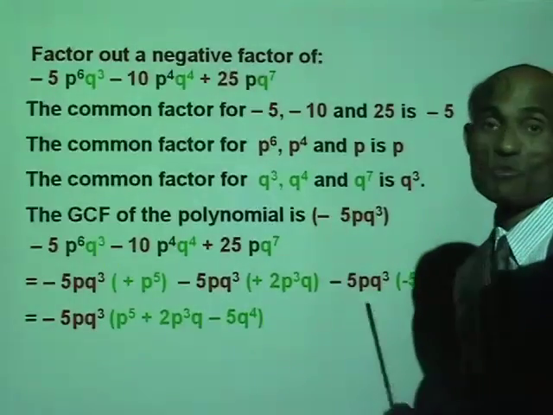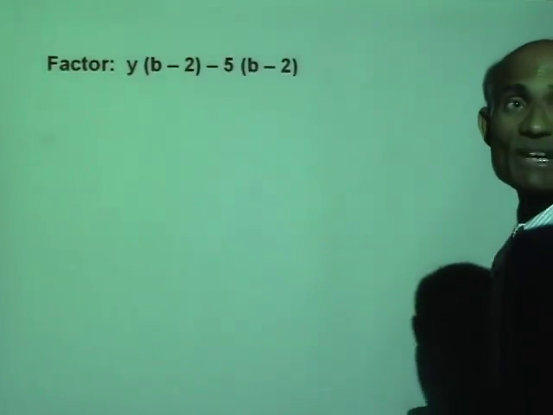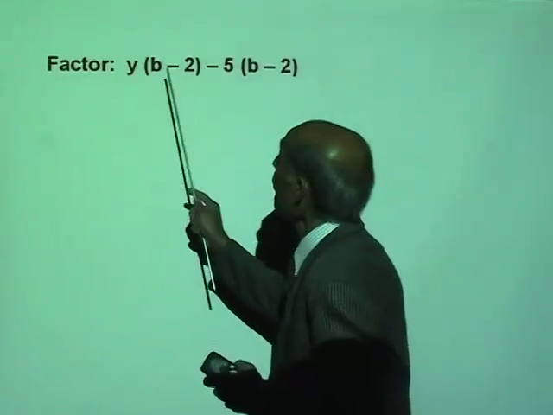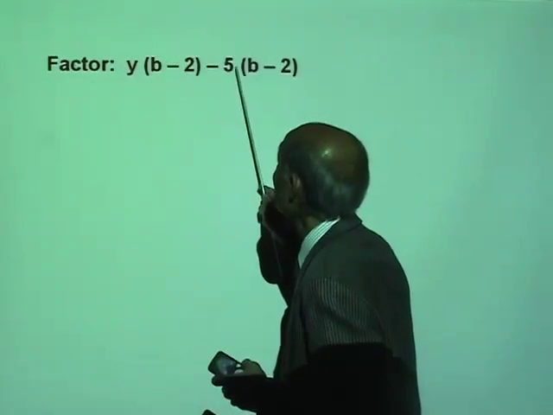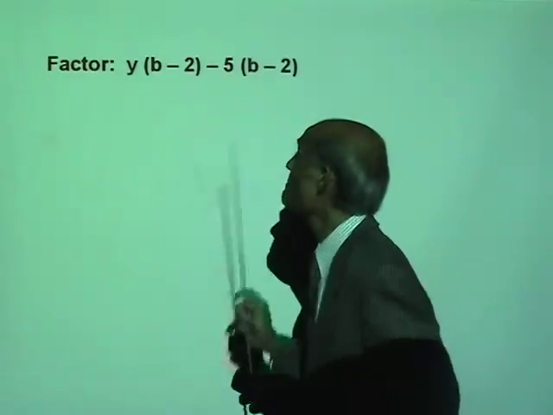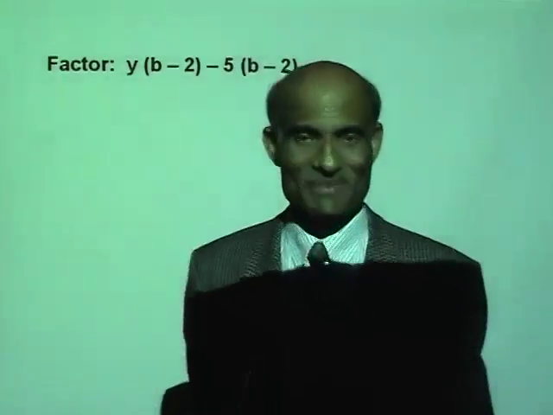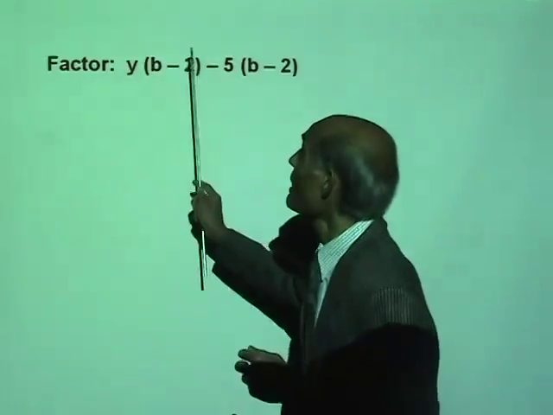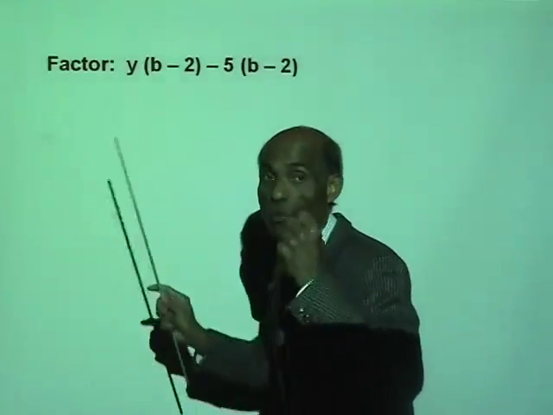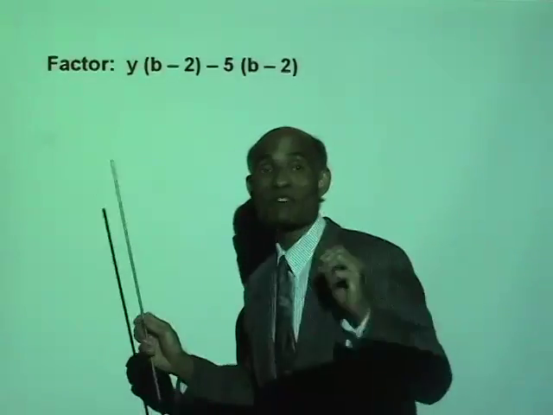Okay, let's move on. Factor y times b minus 2 minus 5 times b minus 2. Can you figure out the common factor there? Look at the first term. The first term is y times b minus 2.